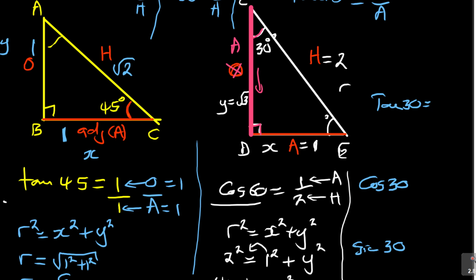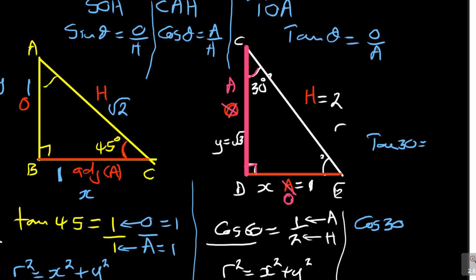And then this one is no longer the adjacent, it is now the opposite. So if I say tan 30, we agree that is O over A. Where is my O? It's 1 over, where is my A? A is root 3.